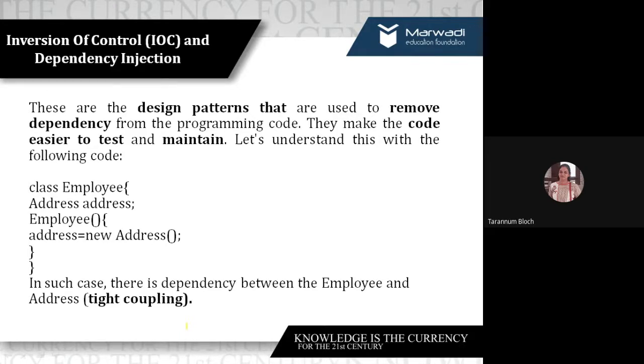IOC and DI are design patterns used to remove dependencies. There's a different purpose for each and every design pattern. Specifically, MVC has the purpose to separate the business logic, data logic, and presentation logic. But when I say DI, that is dependency injection, and IOC, inversion of control, the major purpose is to remove the dependencies from the programming code.